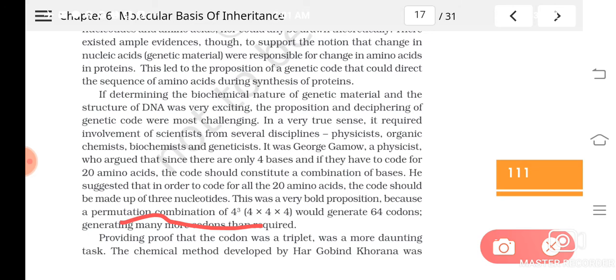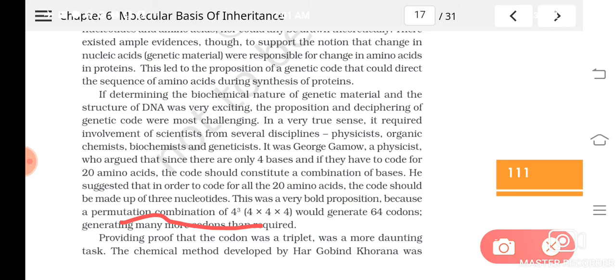So 3 letters will determine one amino acid. These are the triplet codons in the mRNA which code for one amino acid.